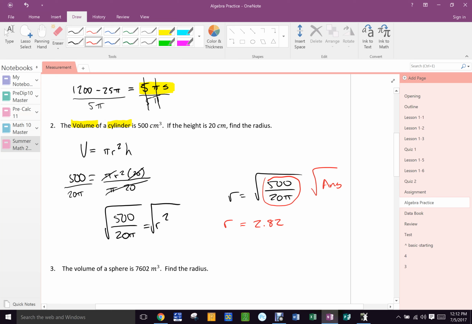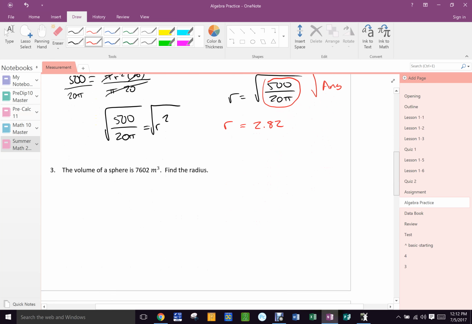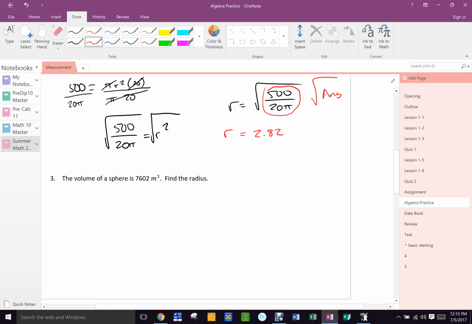And that is a number that you guys are happy with. Am I happy if you leave it like this? Sure. I'm perfectly happy with that, yes. Because if you get to here, but you don't get 2.82, is it math you can't do, or is it your calculator that you're not comfortable with?